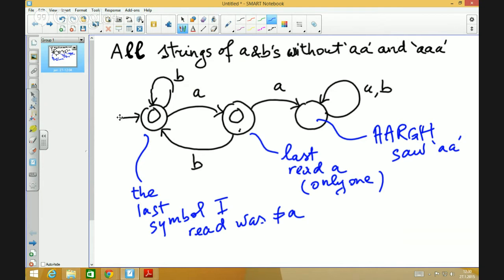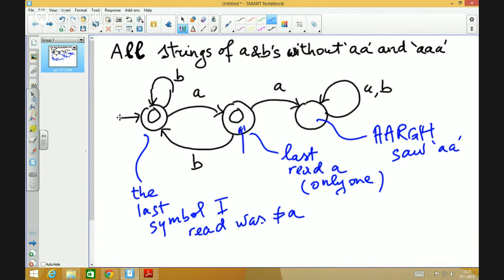Why? Because if you're in your initial state, you last didn't see an A. So if you see a B, then you last didn't see an A. That's why you don't change state. If you instead see an A in that state, you last saw an A, so you better go to a state where you remember that you last saw an A. And that's the state in the middle, this one.